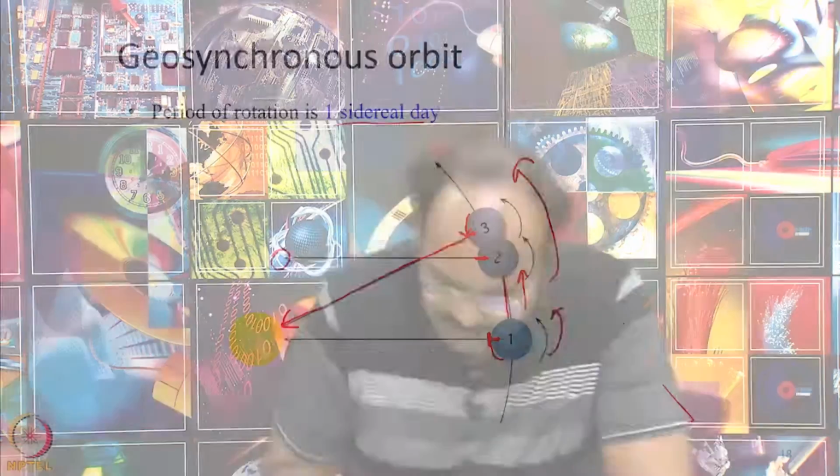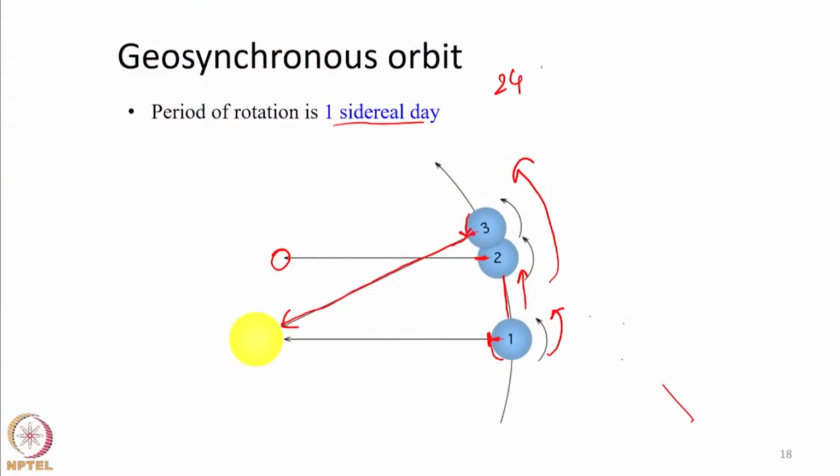Okay. So, in 24 hours, or let me convert it into seconds, 86,400 seconds, Earth will complete one full rotation around itself plus 1 over 365.24 of a rotation.